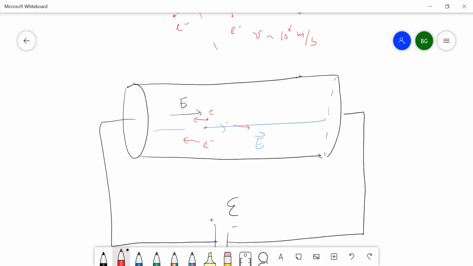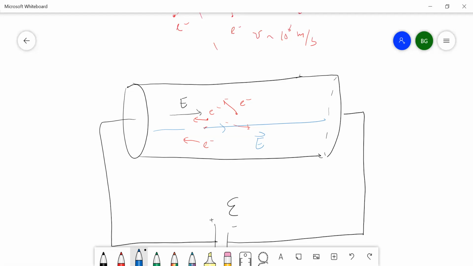In general, they are in the opposite. But we could make an imagination. These nearly free electrons in the conductor move nearly the opposite of the direction of the electric field.